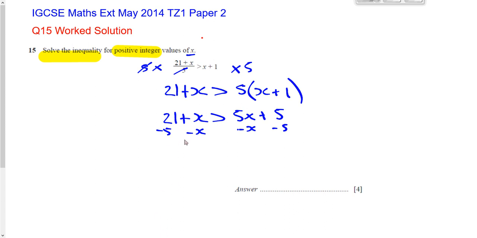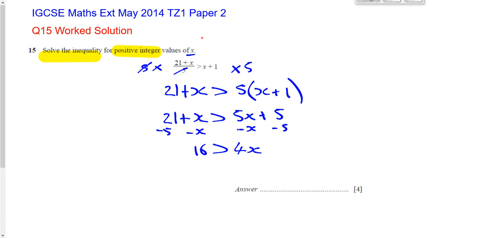Okay, so these two cancel out, and I've got 21 minus 5, which is going to give me 16. And I've got 5x minus x, which will give me 4x.